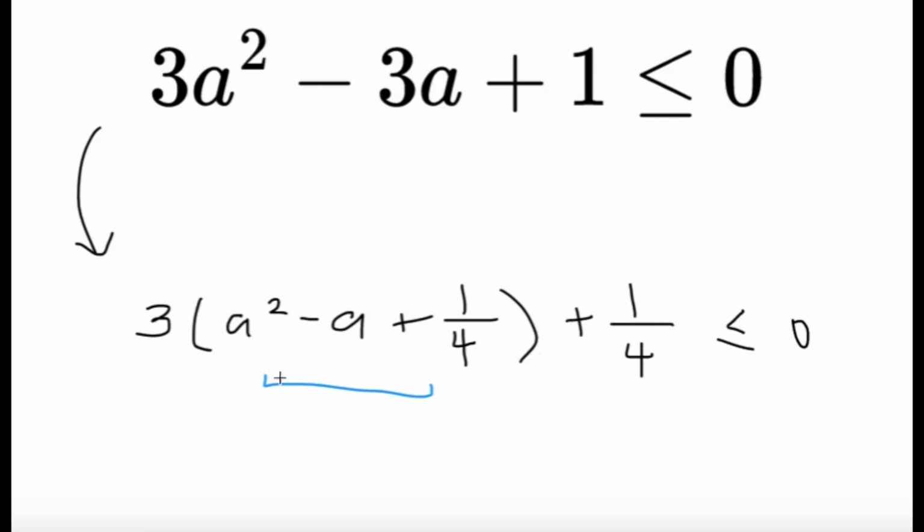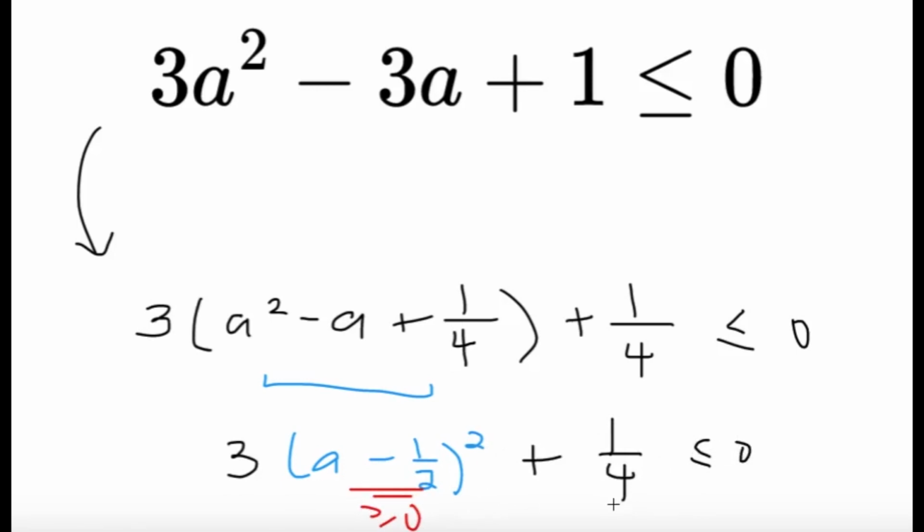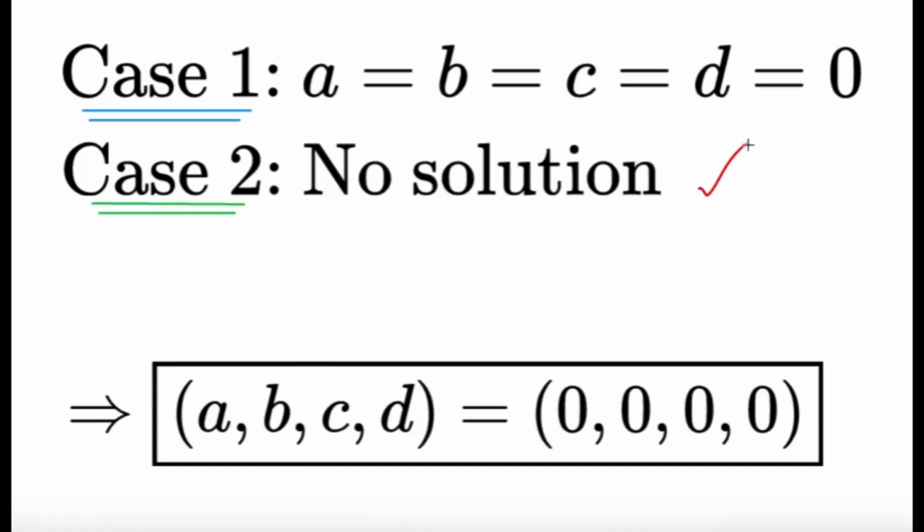Now the inside here is going to be equal to (a minus 1/2) squared plus 1/4 is less than or equal to 0. Now take a look at this. This part is greater than or equal to 0, and this part is 1/4 already. So the left-hand side is greater than or equal to 1/4 technically. Therefore, case 2 has no solution because there are no real values of a.